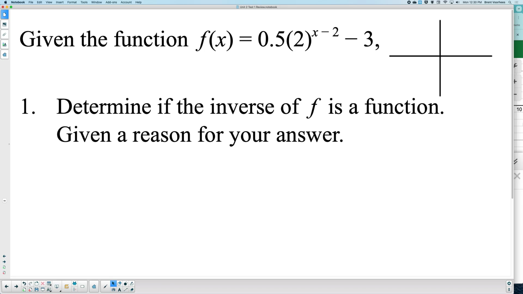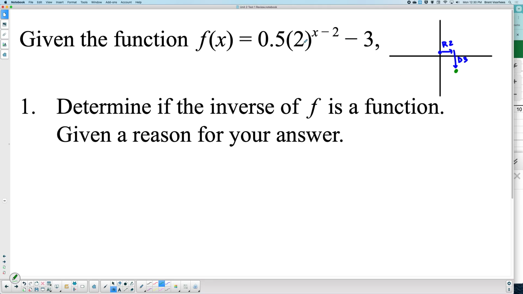Okay, normally I'd say this is the initial value at 0.5. There's one problem with this. We have transformations. Which way would I actually move this? Hey, stay with me. Which way would I move this if it was x minus 2? Right 2 units. So we would go right 2. And then what would I do with this? Down 3. So this graph would have an initial value right there.